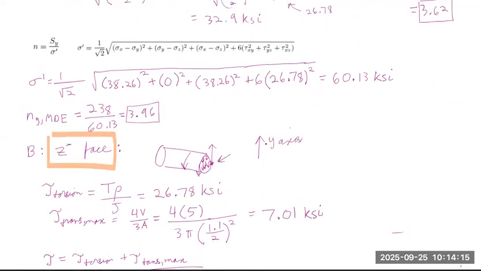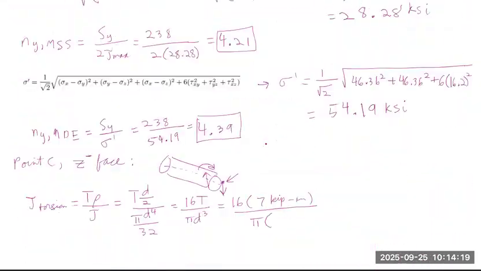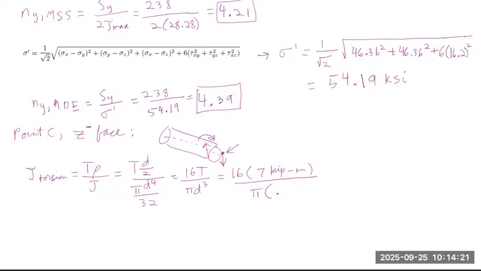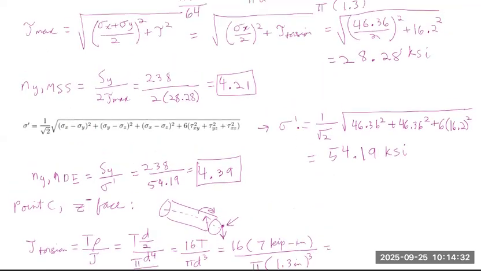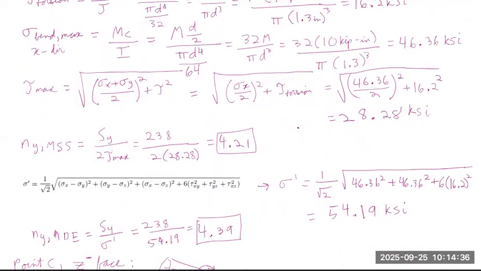So the diameter is 1.3 inch. The shear stress due to torsion is equal to the one we calculated earlier, which is 16.2 ksi.